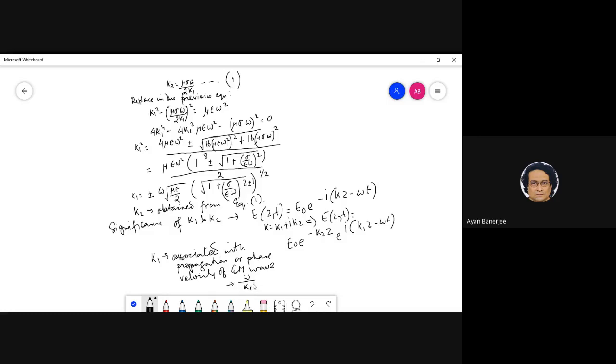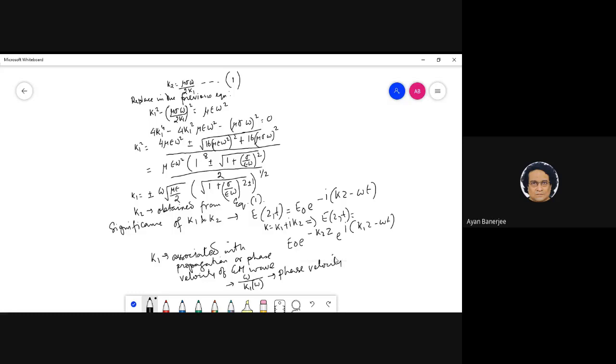Well, in principle I should put this also as omega, because the complete thing is to assume that this may have dispersion. We will study all that. So this is basically nothing but the phase velocity.